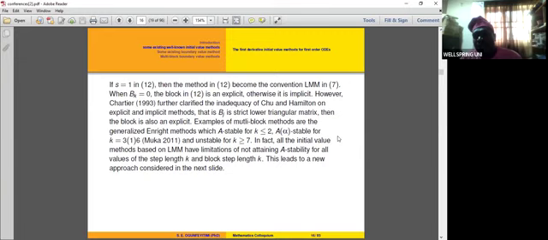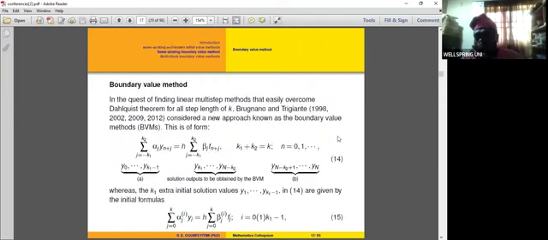Then we also have many people that have worked on the initial value multi-block method. So we have another type of method which is different from the conventional initial value method that we all know, and this is what we call the boundary value method. Although the boundary value method was initiated by Brugnano and Trigiante in 1998 in their monograph, we also have some work in 2002, 2009, and 2012.